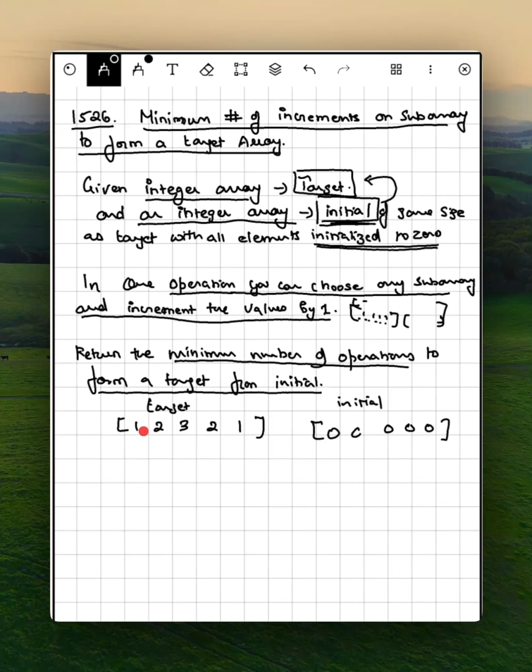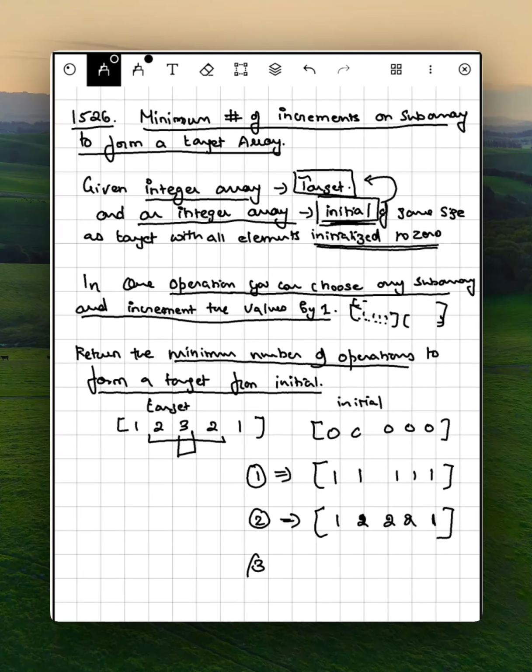All of them are greater than or equal to 1, so in one operation I can increment all of them to 1. Now, if I look at this subarray, all of them are greater than or equal to 2. So in this operation I will take this subarray and increment by 1. So this becomes 2, 2, 2, 1. And then I only need to focus on this element. So in the third operation, I get 1, 2, 3, 2, 1, and we have attained our target.